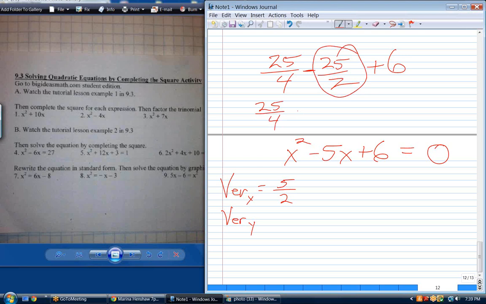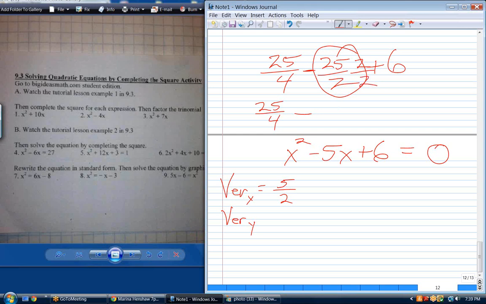How many fourths is that? What do I have to do to the fraction to change the denominator to a 4? Multiply by 2. Multiply by 2 over 2.